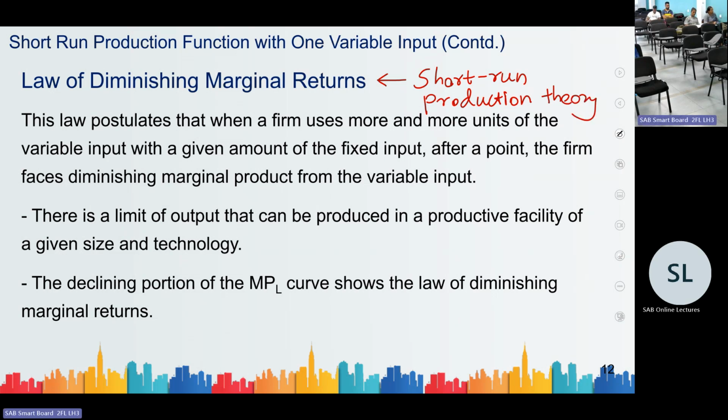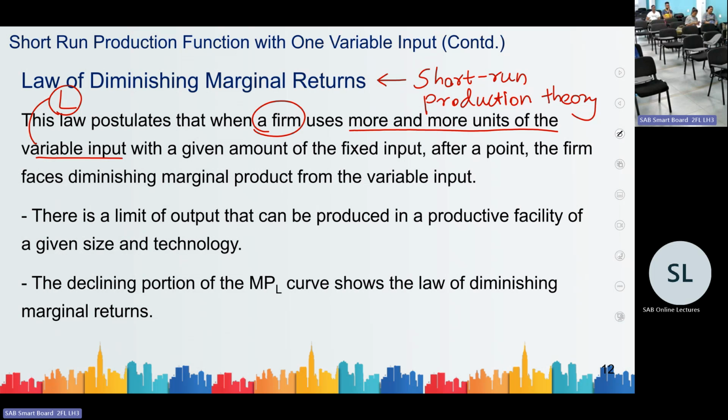What this theory says is, when a firm uses more and more units of the variable input, in our context, the variable input is labor.